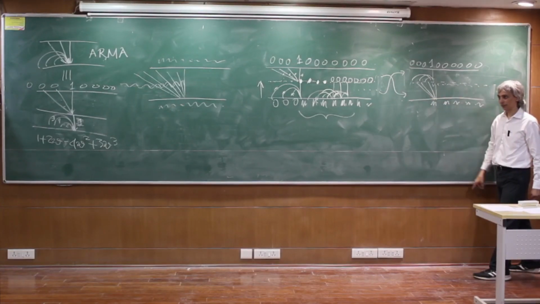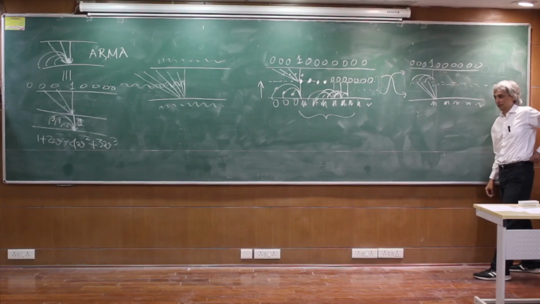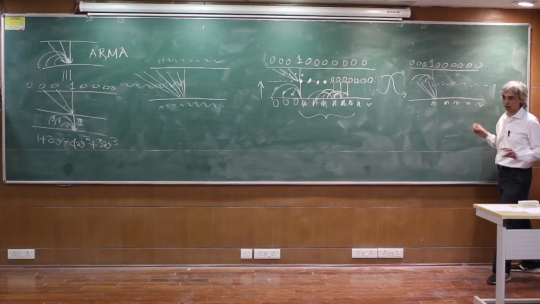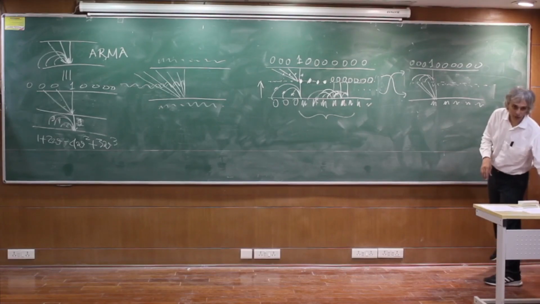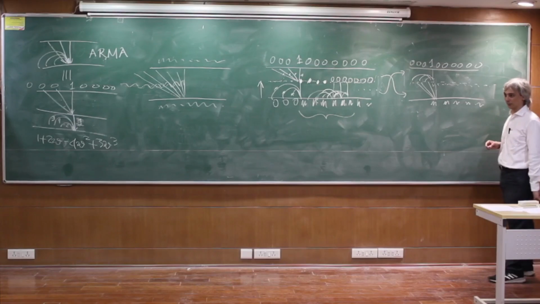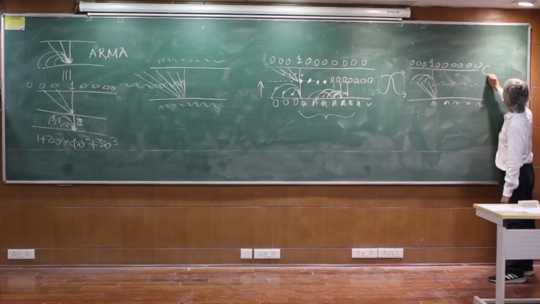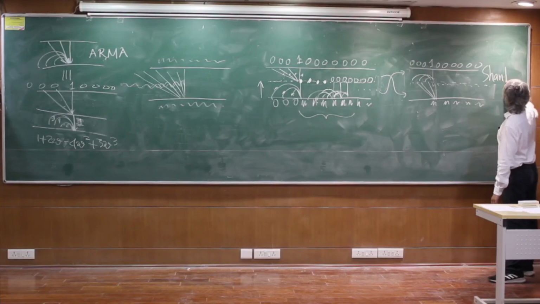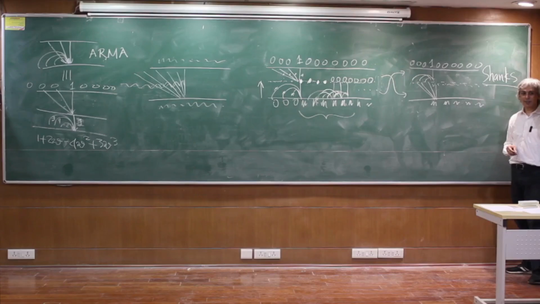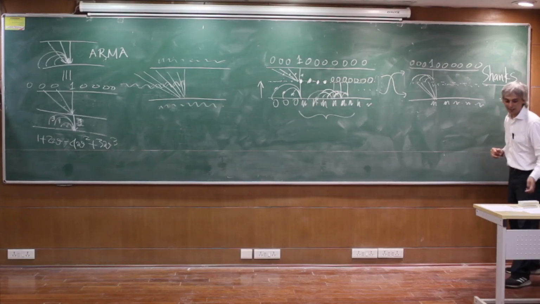Finally you can, but these are all heuristic methods, okay? None of these is optimal in any mathematical sense. These are heuristic methods. This is called Shanks method or Shanks algorithm for estimating ARMA systems.